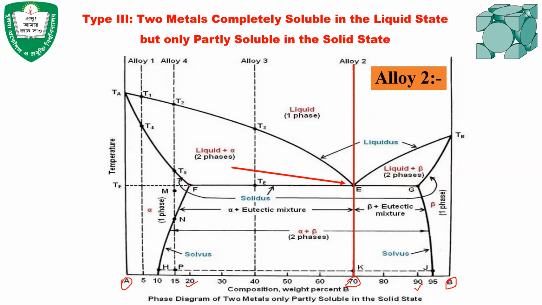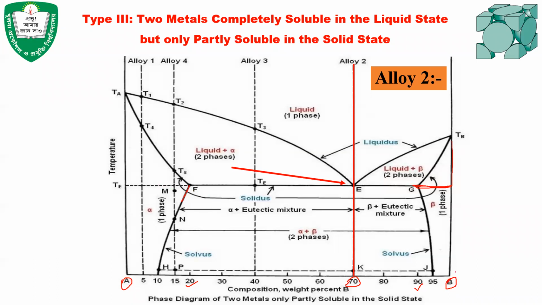And also these solvus lines will change based on the material. Different materials will show different types of solvus lines. And it is also not necessary that both of the materials will show solubility. That means on another side, it may not have any beta produced in here. It can be like a pure type 2 diagram. But in this region, there might be solubility.